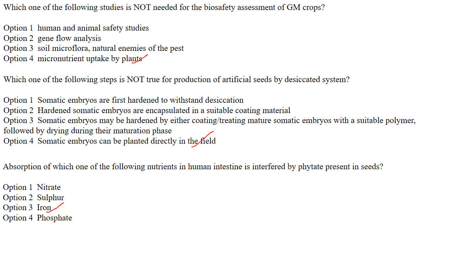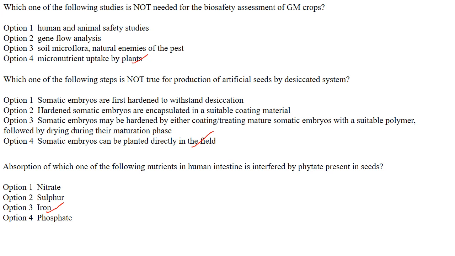Then, which one of the following steps is not true for production of artificial seed by desiccated system? Somatic embryos are first hardened to withstand desiccation. Hardened somatic embryos are encapsulated in a suitable coating material. Somatic embryos may be hardened by either coating or treating mature somatic embryos with a suitable polymer, followed by drying during their maturation phase.